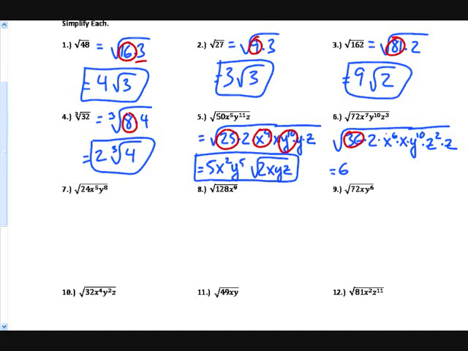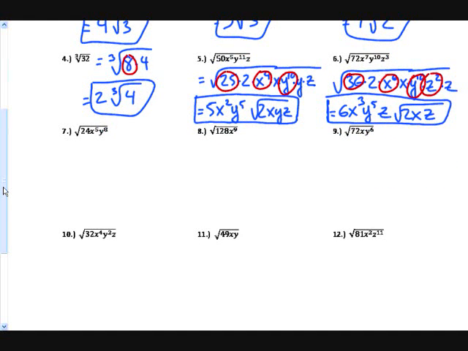The square root of x to the 6th is an x to the 3rd. The square root of y to the 10th is a y to the 5th. The square root of z squared is just a z. And now underneath my square root, I still have a 2, an x, and a z. And that's it.